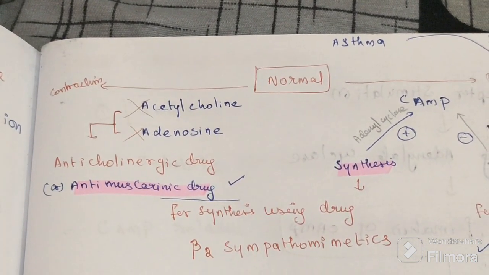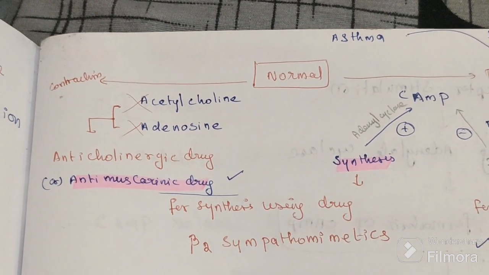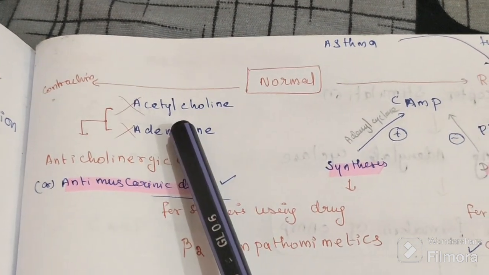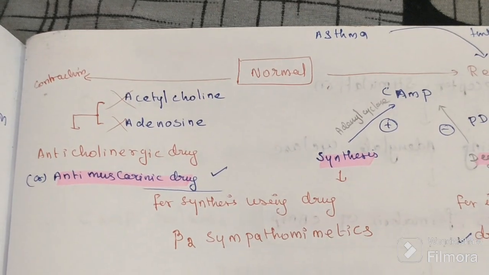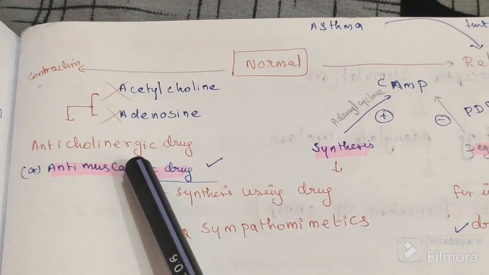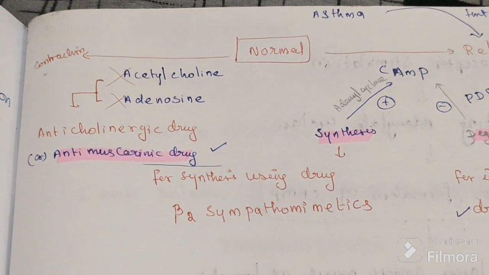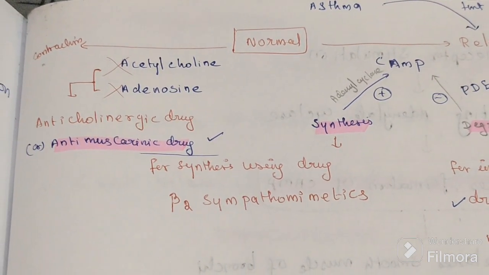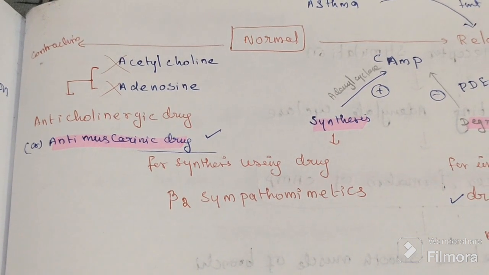We don't want contraction, so we want to inhibit acetylcholine. So we use anticholinergic drugs or antimuscarinic drugs.